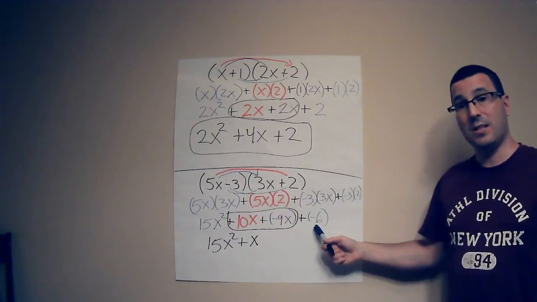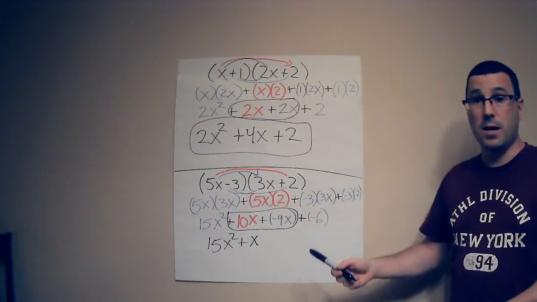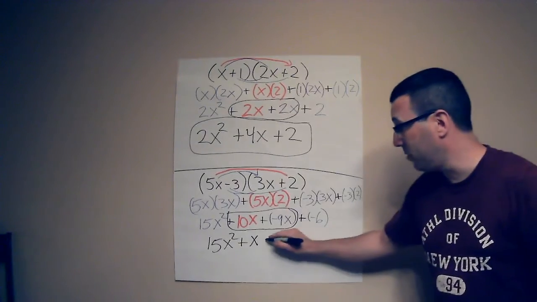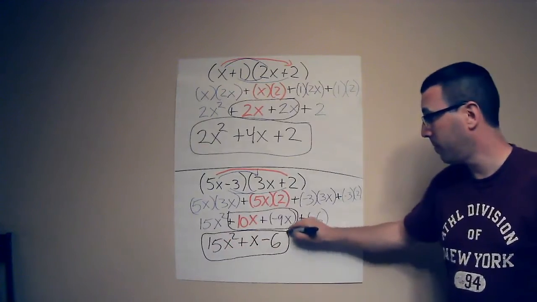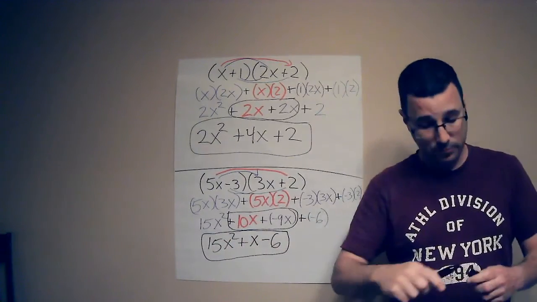And then we have plus a negative 6, plus a negative is just subtraction, so minus 6. And that's how we do this.